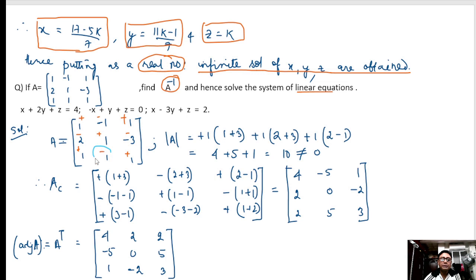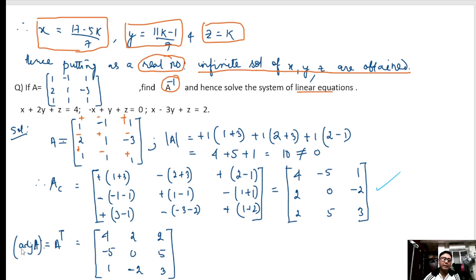For this position, which has a minus sign, I will take 1 into minus 3 minus 2 into 1. And for this position, which has a plus sign, I will take 1 into 1 minus 2 into minus 1. So calculating this, we get this matrix, cofactor matrix.